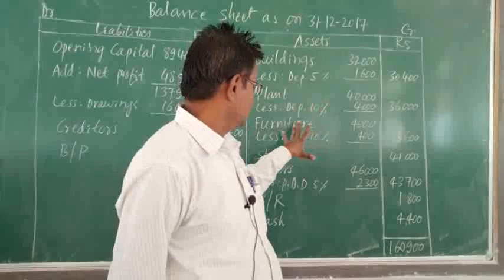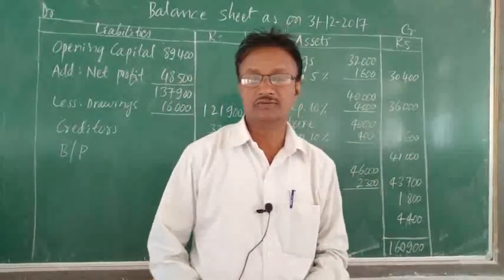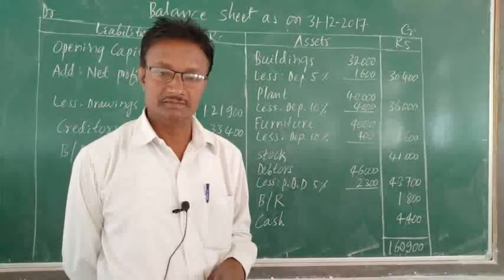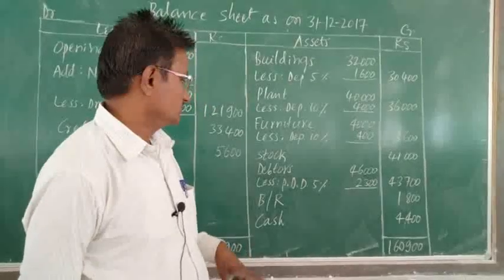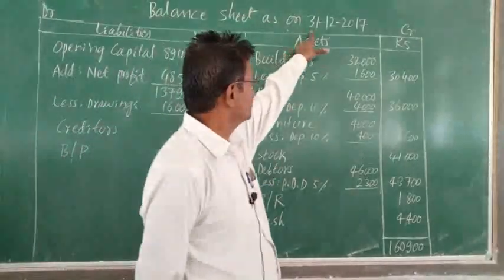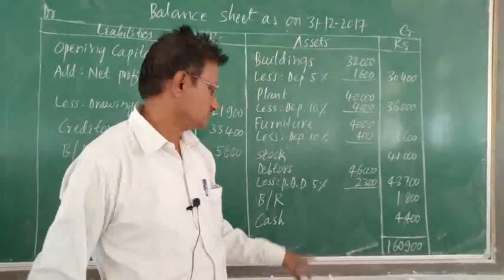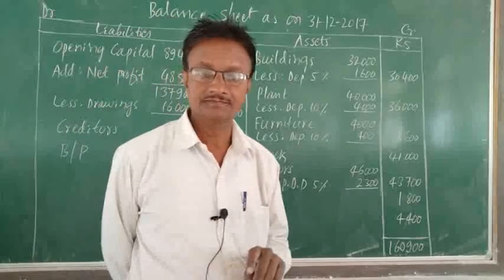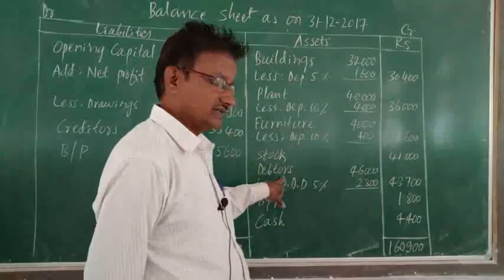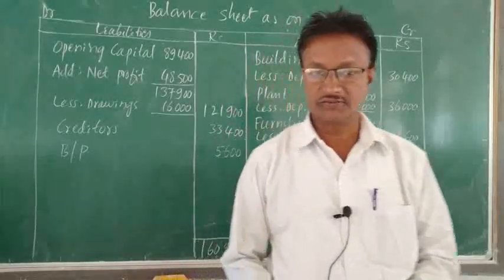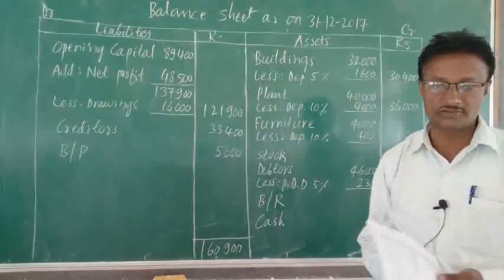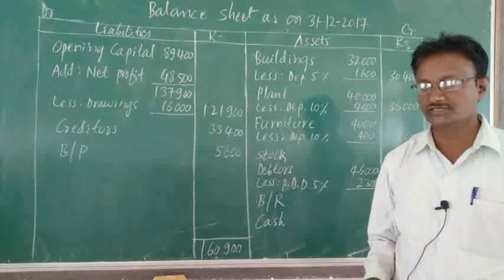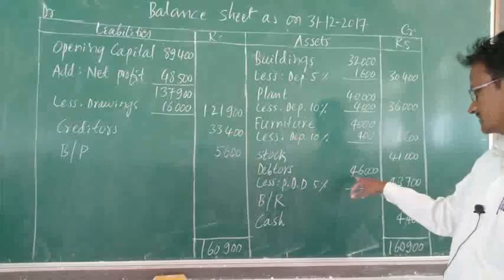After taking the three fixed assets, next we have to take current assets. Current assets are stock, debtors, bills receivable, cash, etc. So we have to take the stock on 31st of 12/2017, that is closing stock, given as 41,000. In the additional information it is given 41,000. Next, debtors closing balance. We have ascertained this closing balance in debtors account, that is 46,000.